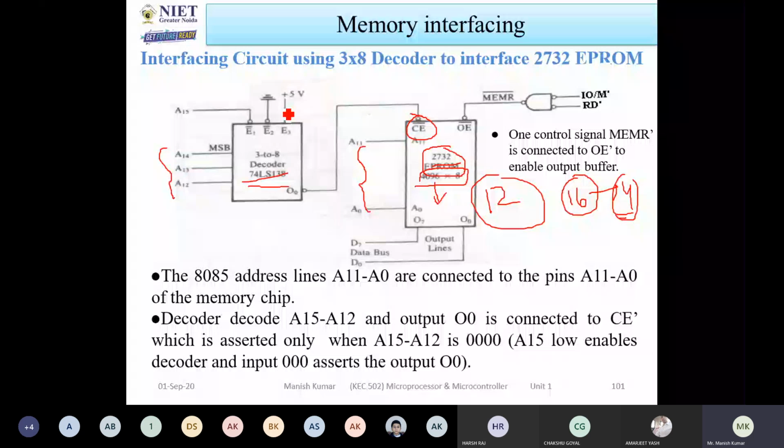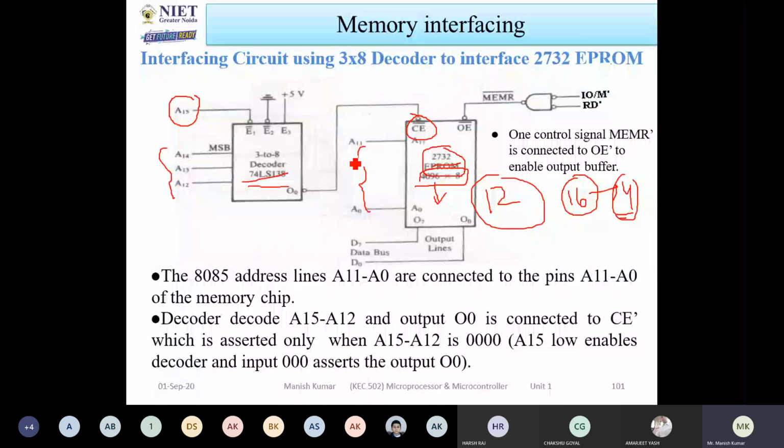Anyhow, you have to consume all 16 address lines. When you cannot consume all 16 lines, whatever pins are left, you have to use with a decoder or a NAND gate.